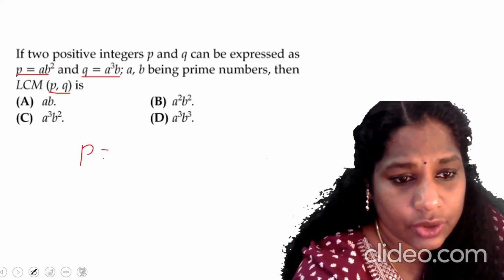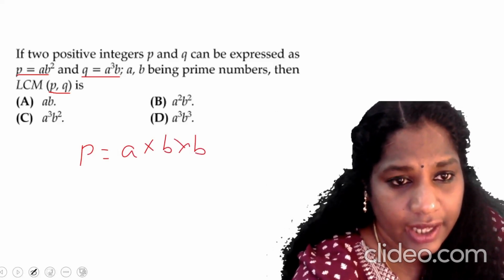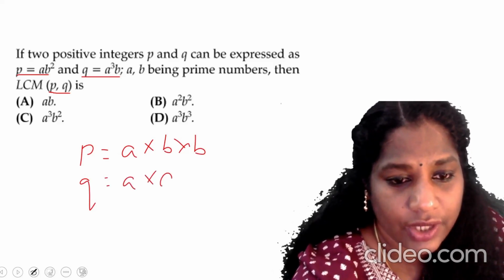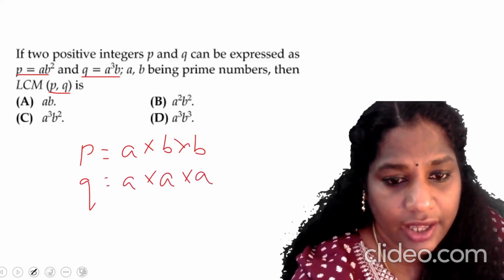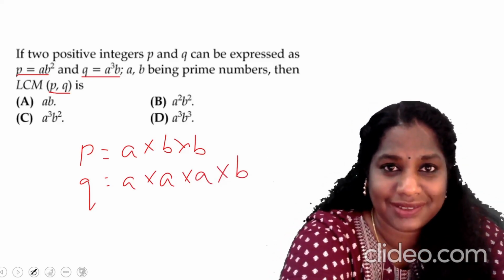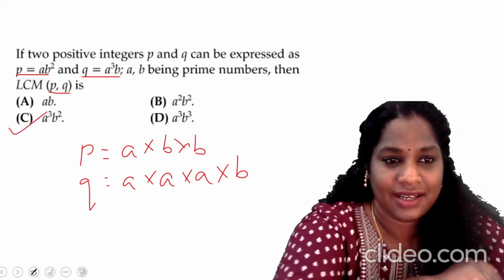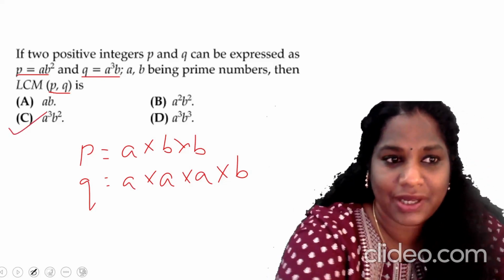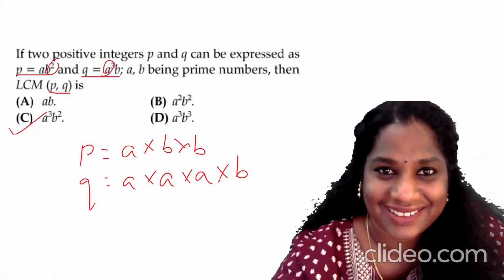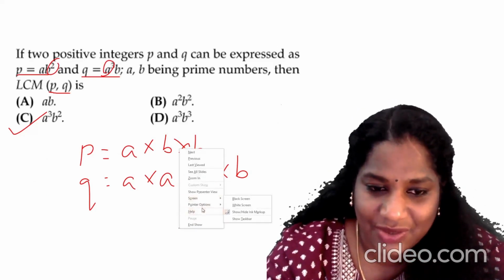P equal to a into b and q equal to a into a into a into b. Yes guys, so which one? There you go, option C: a cube b square. Correct? Perfect. So let's go for the next question.